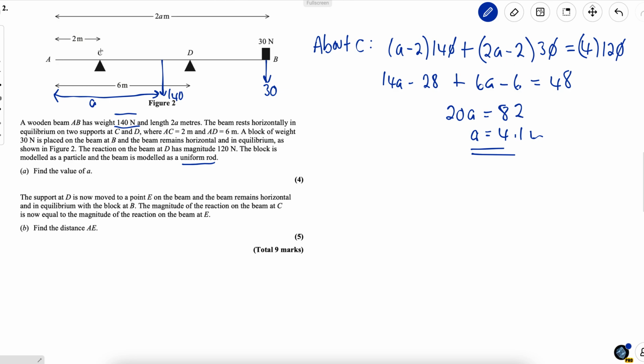So always look at, when something changes about a question, what remains the same and what changes. So these two are equal to each other now, it says in the question.